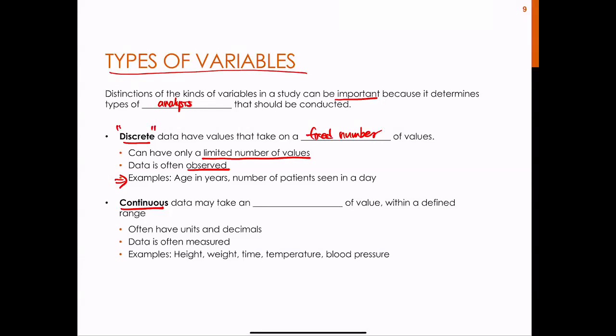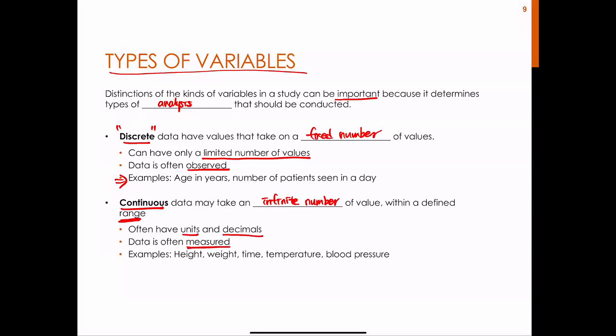And the other one is continuous. Continuous data may take an infinite number of values within a defined range. So it often has units and decimals, and data is often measured.